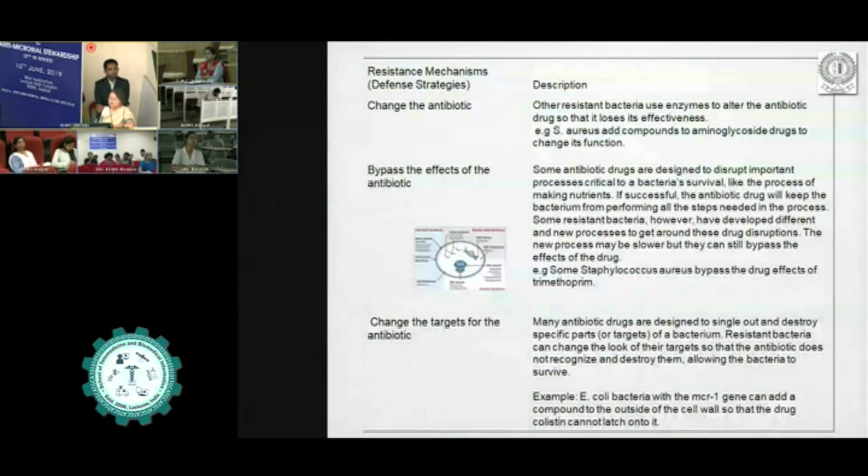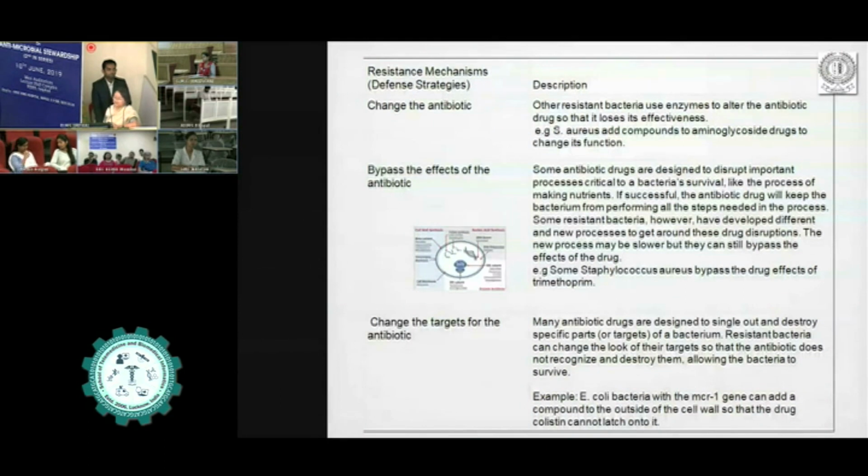As I have said earlier, these microbes are million times much more smarter than we human beings. They have a way of evolving. Their evolvement is so smart that they will try to change the antibiotic. When the antibiotic is there, they will try to change some molecular structure or some chemical nature of the antibiotic so that it doesn't attack them.